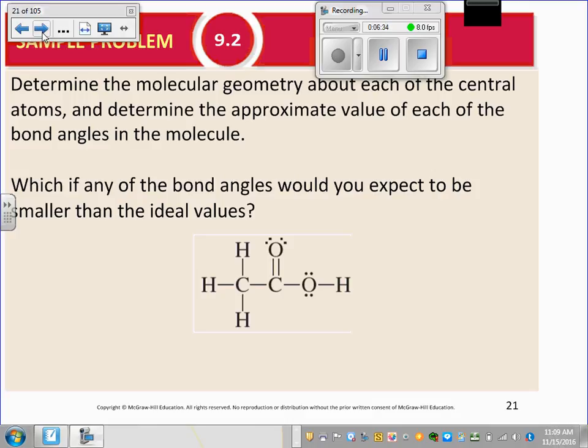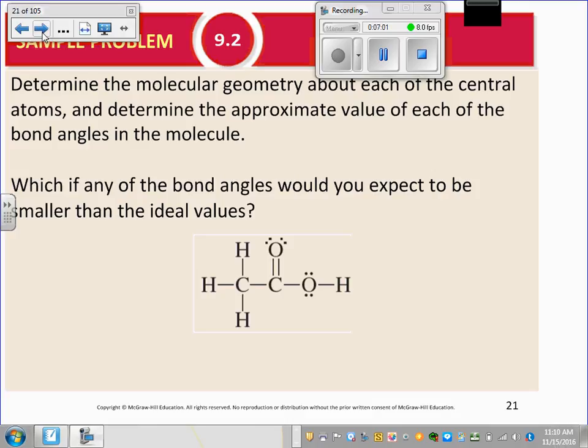If we look at the next carbon, what would its molecular geometry be? 3, trigonal planar. Normally the bond angles would be 120. But we have a carbon-oxygen double bond, so that's going to push the other 2 closer together. So between the carbon-oxygen double bond, it's going to be greater than 120, and between the other 2, it's going to be less than 120.